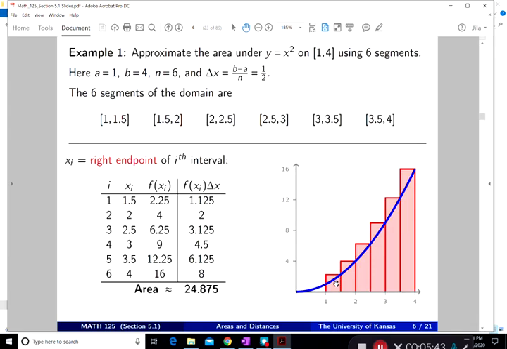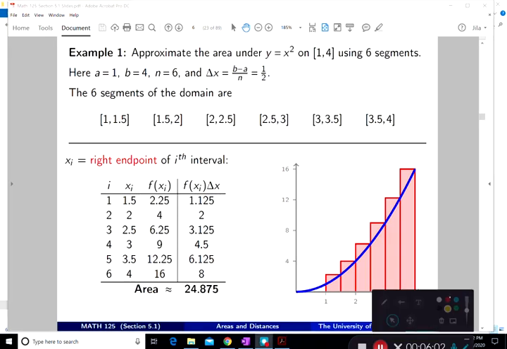Graphically, if you do that, you get these 6 line segments, and you have different approaches to choose xi. One way is to choose the right endpoint. If you're choosing the right endpoint, then, no wait, the right endpoint is the other way around, isn't it?